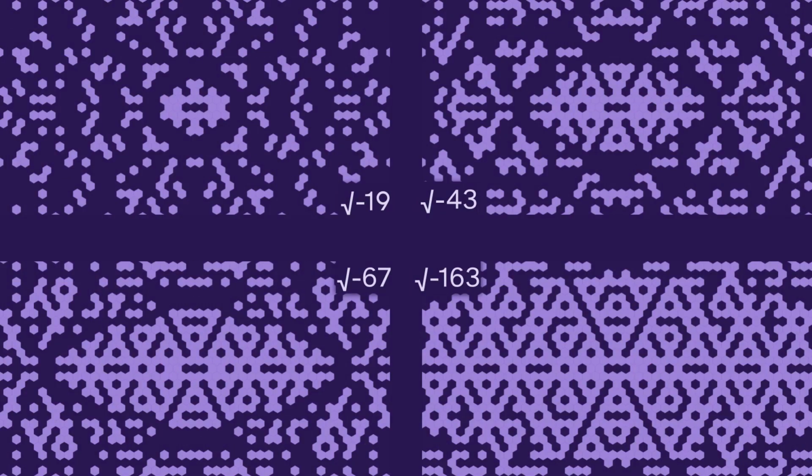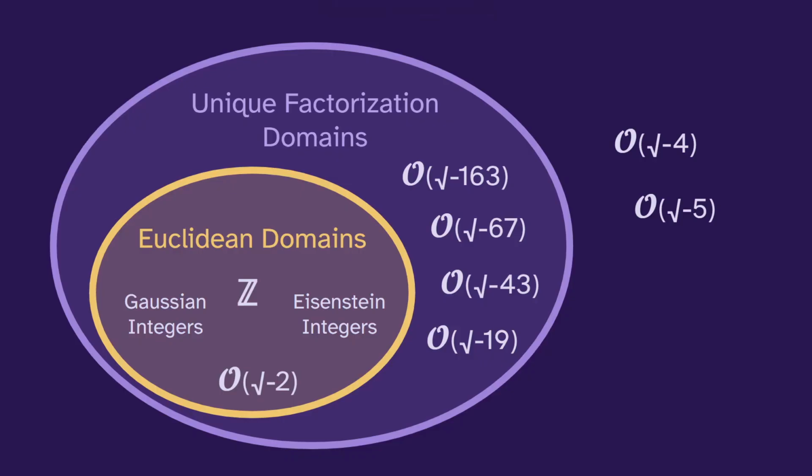And these four are an interesting case. They have unique factorization, but they're not Euclidean. Being Euclidean is sufficient for unique factorization, but it's not necessary. There's a wider group of domains called unique factorization domains that contains all of the Euclidean domains, but also some others.